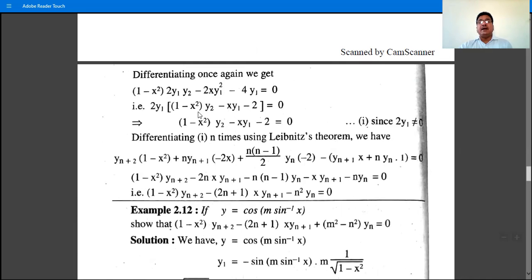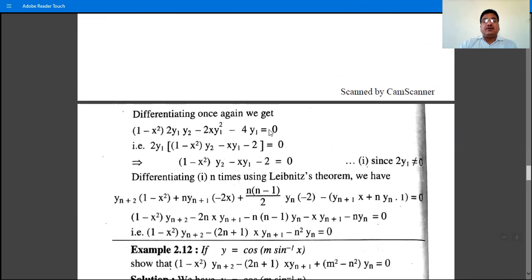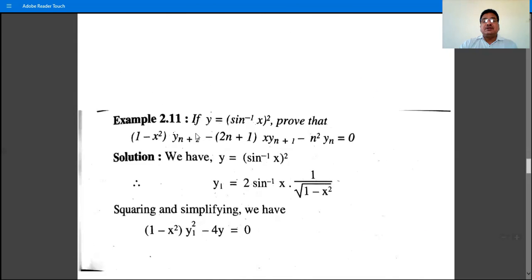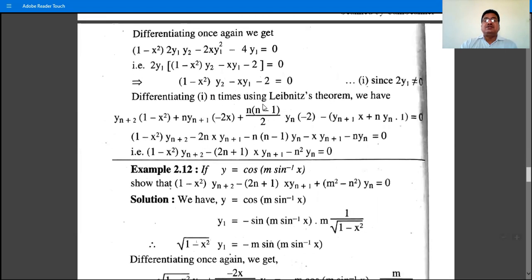Dividing throughout by 2y1, we have (1 minus x square) y2 minus x y1 minus 2 is equal to 0. This is the second order derivative. If you observe this proof, the highest order derivative is of order n plus 2.